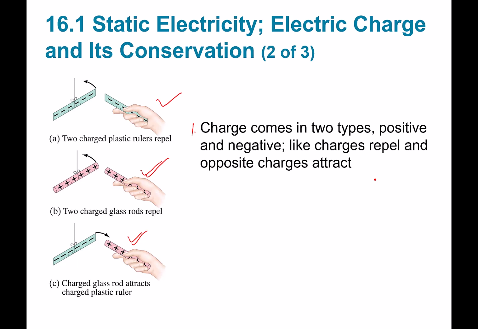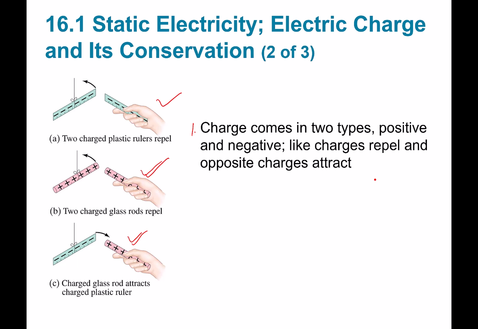So by convention, we call one type of charge positive and another negative. There is a particular triboelectric series where we know that when we rub silk with an ebonite rod, silk will get a certain type of charge and the ebonite rod will get a different type of charge. So it's all tabulated.